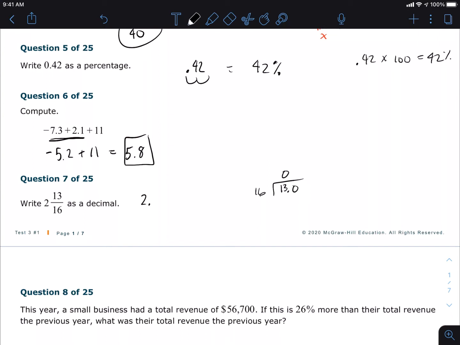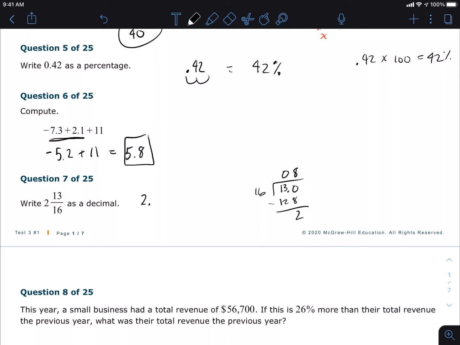16 goes into 130. Shoot. What is that? 8 times, I think. 8 times 16 is 128, right? Yes. Okay, 128.